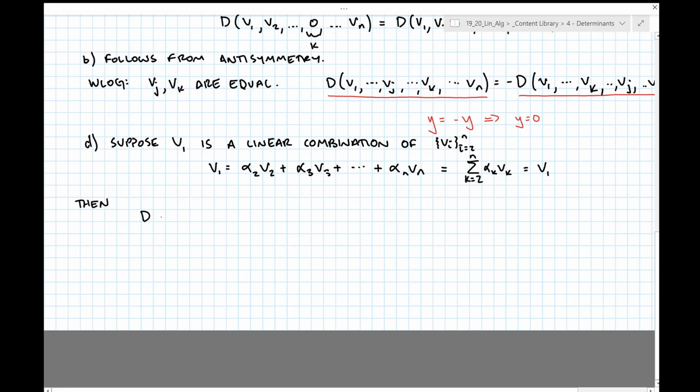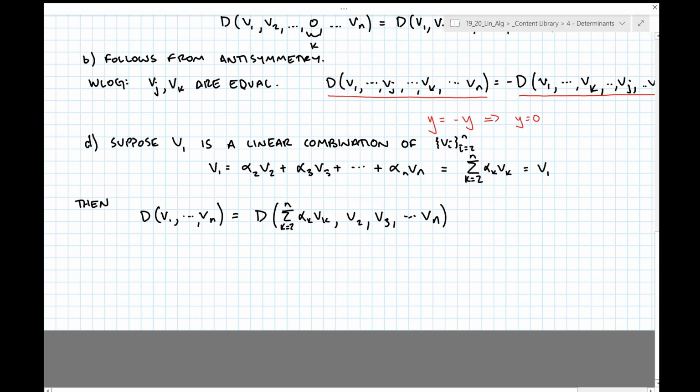Okay, so then let's consider the determinant. The determinant of V1 through Vn, I've got all these vectors in here. Well, that's really equal to the determinant where V1 is replaced by this sum, the sum from k equals 2 to n of alpha k Vk. That's my first vector, and then I've got V2, V3, all the way to Vn.